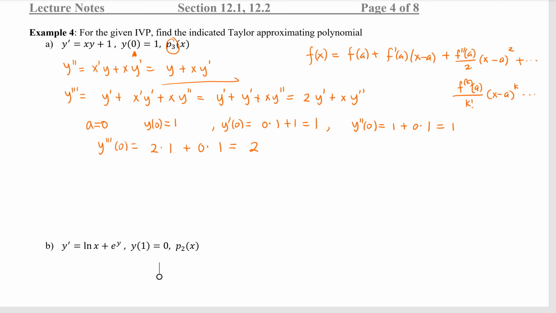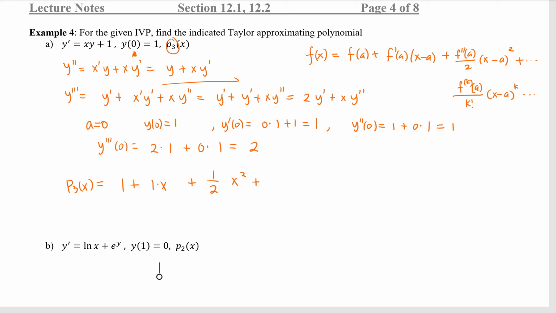Now, after we know those values, we're ready, because P3 of x is then y of 0, which is 1, plus y prime of 0, which is 1, times x minus 0. The second derivative is 1 over 2 times x squared.